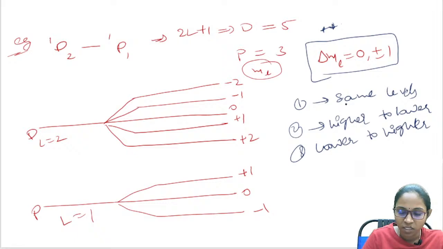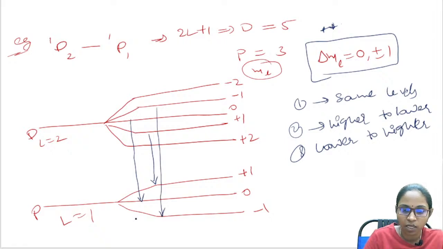If you draw a line between same values, same energy levels, that means from 0 to 0, plus 1 to plus 1, minus 1 to minus 1, okay, so here for these levels, delta ml value will be equal to 0.